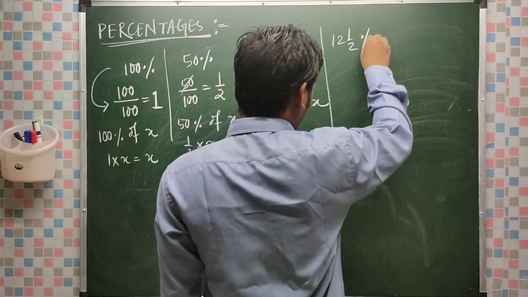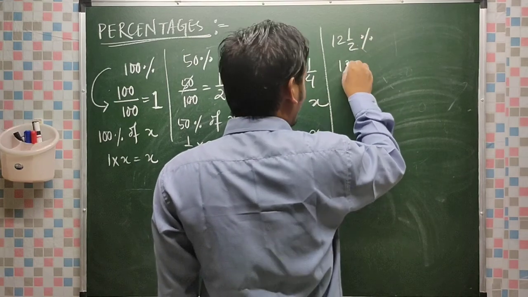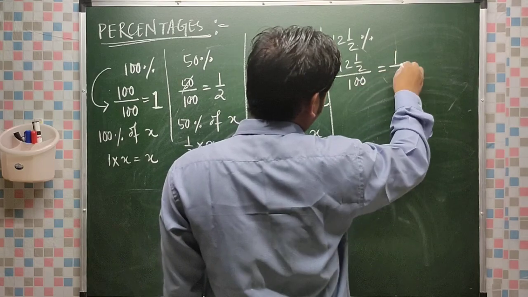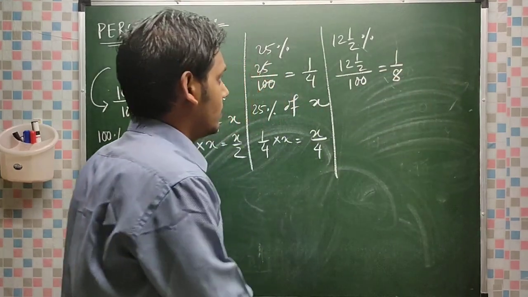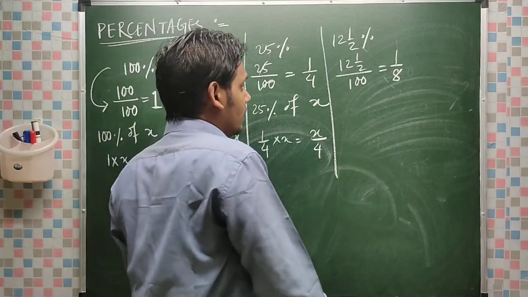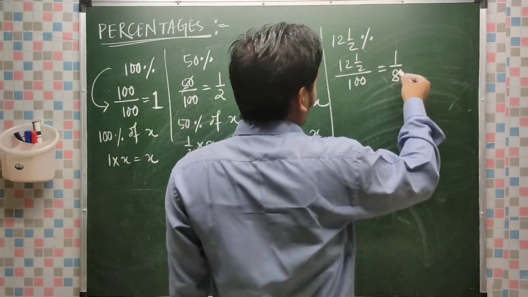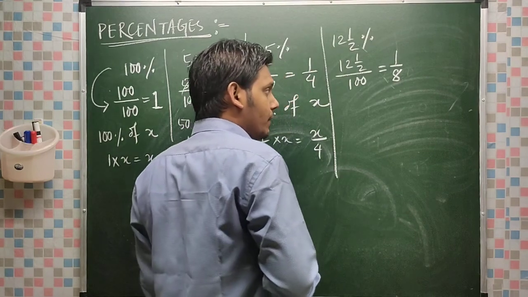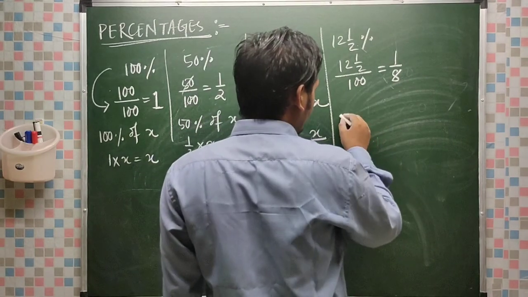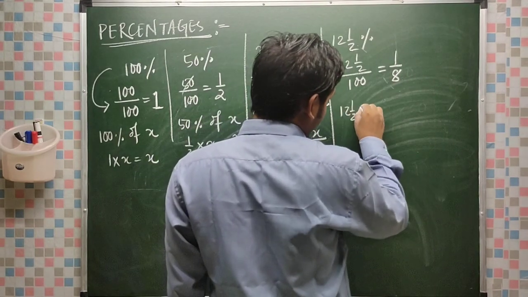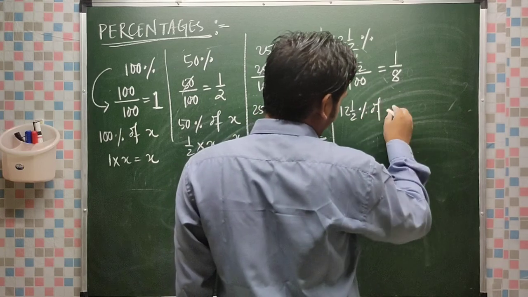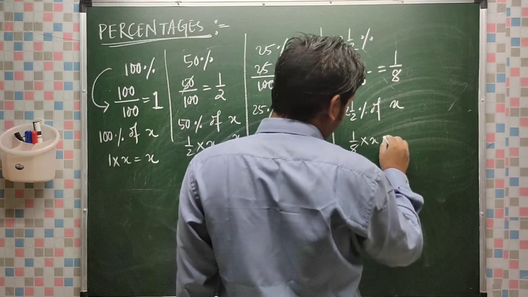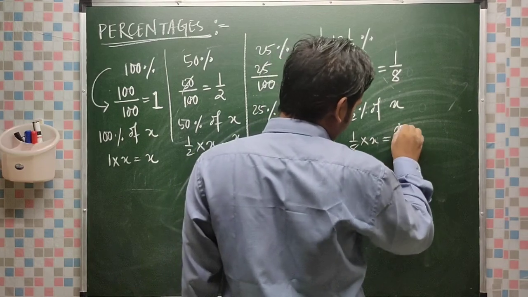Now 12 and a half percent. So 12 and a half by 100. If you simplify, you will get 1 by 8 only. Because 12 8s are 96 and 2 4s are 96 plus 4, 100. So if 12 and a half percent of x is given, 1 by 8 into x, that means x by 8.